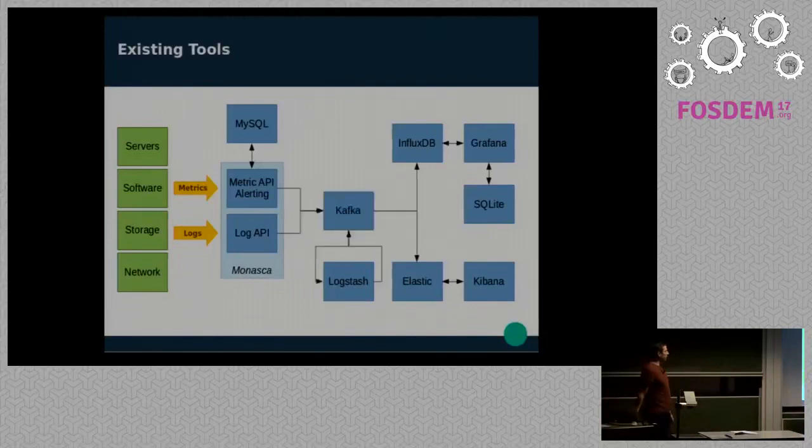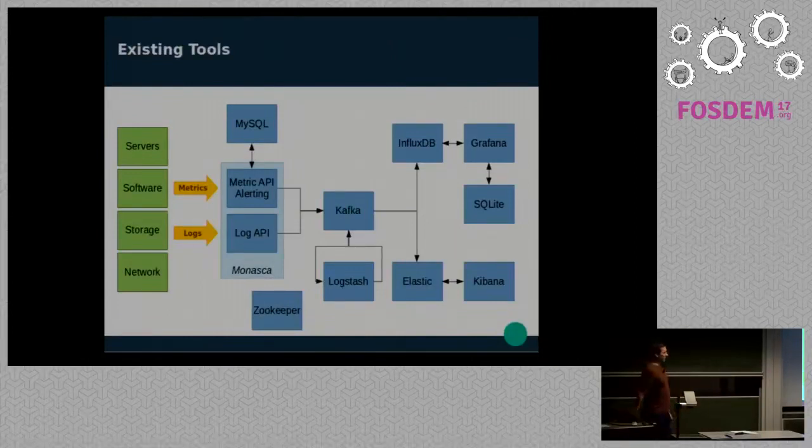Then someone put Kafka in the middle because we need to handle peak loads, so we need a queue for that. So everything goes to Kafka, goes through Logstash, back into Kafka, into Elastic, into Kibana, to InfluxDB. And of course, because you've got Kafka and Elastic in there, you need a ZooKeeper as well. Another 3 nodes for that.